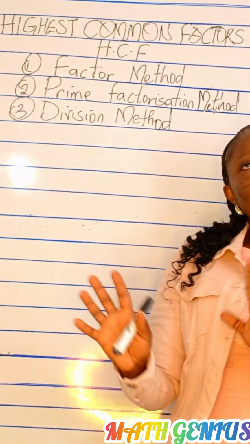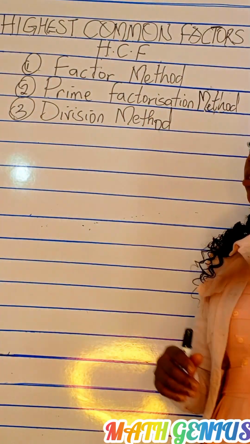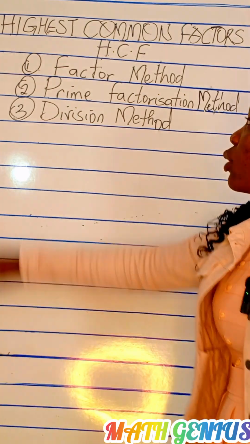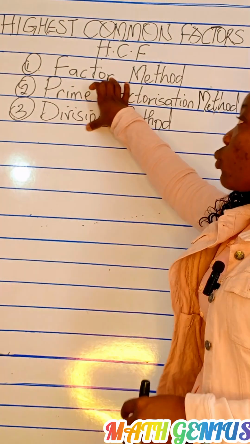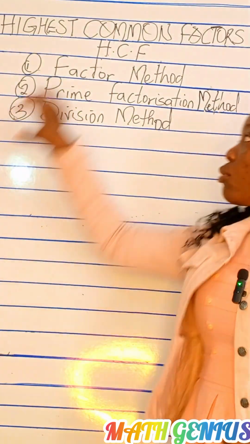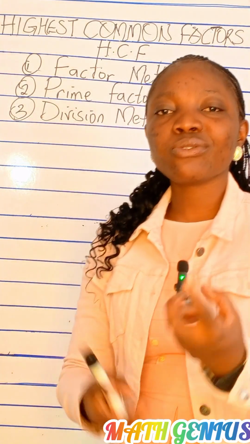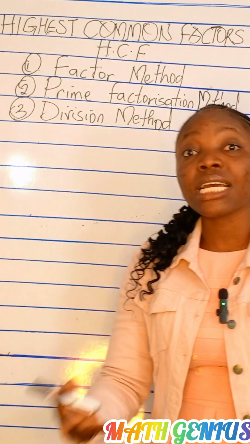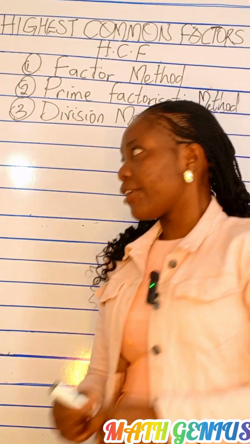Then from grade 5, 6 to the secondary school, you need to know method 2 and method 3 because these are the most convenient ones for larger numbers. The factor method is convenient for smaller numbers. That is why it is being recommended for lower grades. So let's dig deep. Let's go further.